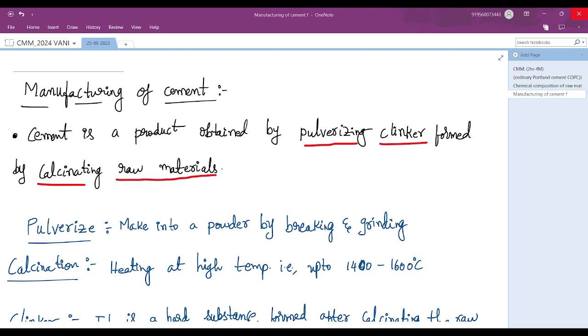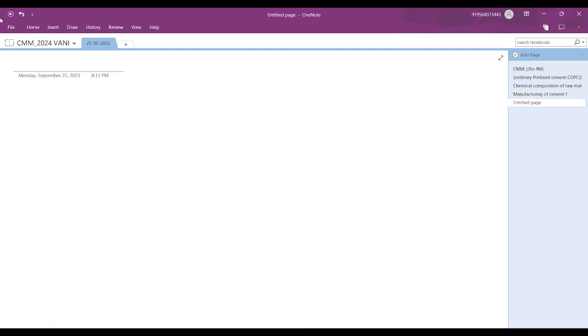Before that, I'll explain you the definitions of some terms here, and then we'll go for discussing chemical composition of the clinker. Plasticity. As we have already discussed this plasticity in detail in our soil mechanics topic, but here also it is required, so I'll repeat it.